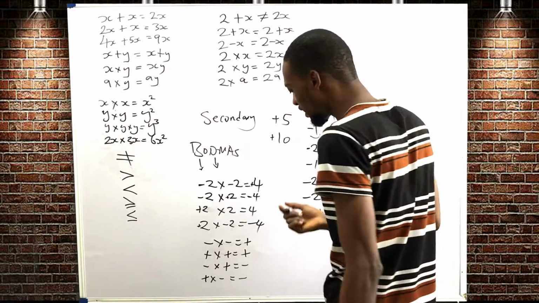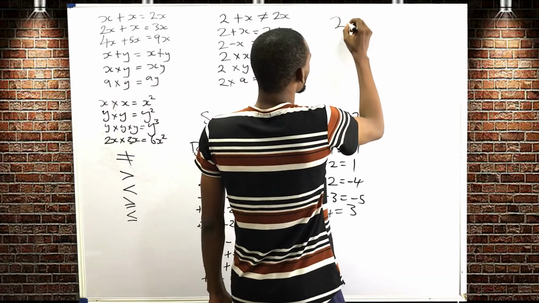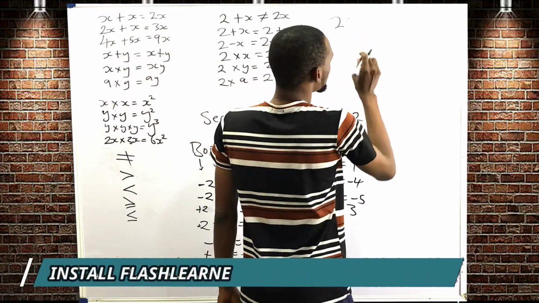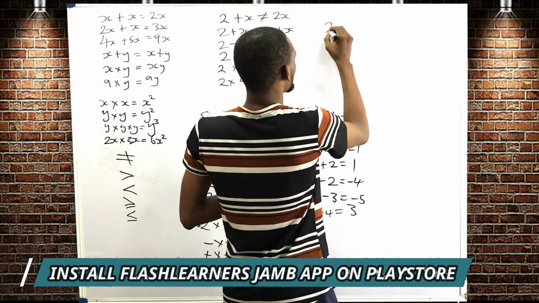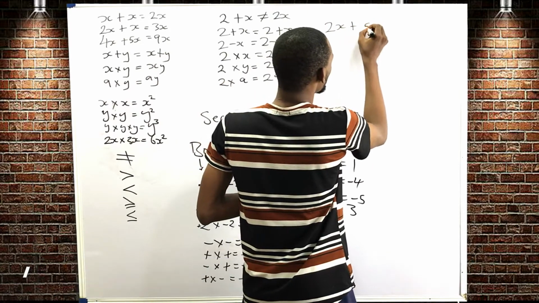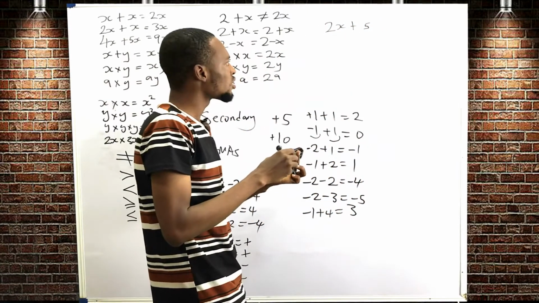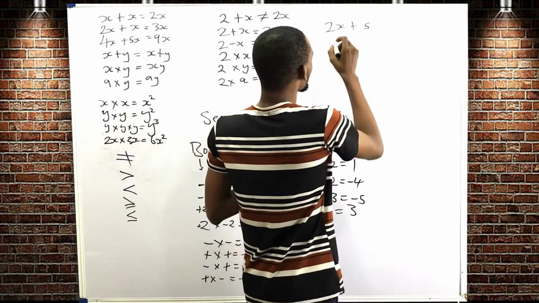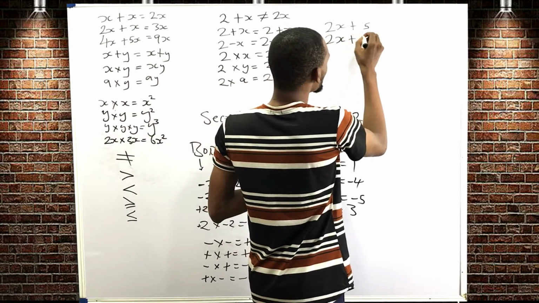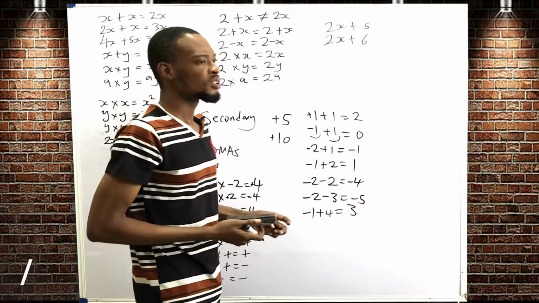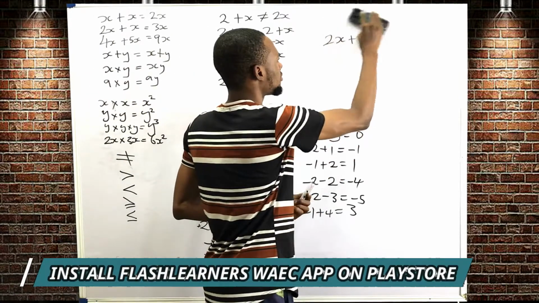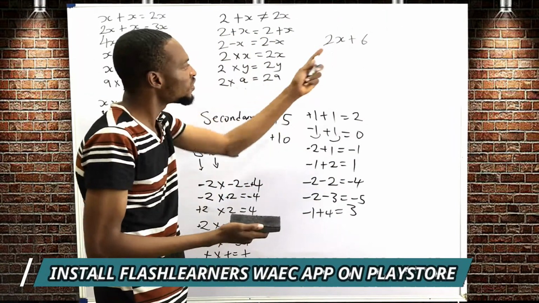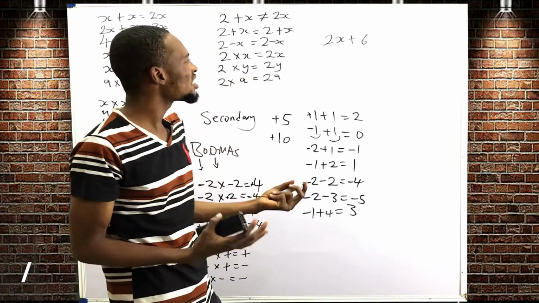If I give something like 2s plus 5 or 2s plus 6, you can't solve this thing. You can't look for s here because it's an expression.